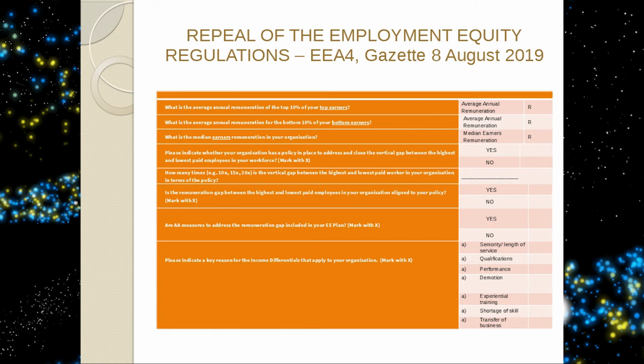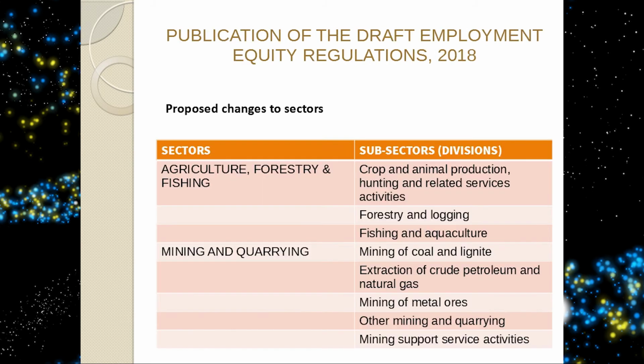Okay, back then to the proposed changes, not gazetted yet, but you will see what the Department of Employment and Labour did. They introduced quite a number of additional sectors, whereas you will be able to see here in the past, or currently, sorry, it is only agriculture. In future, should it be gazetted like the amendment bill, it will indicate agriculture, forestry, and fishing.